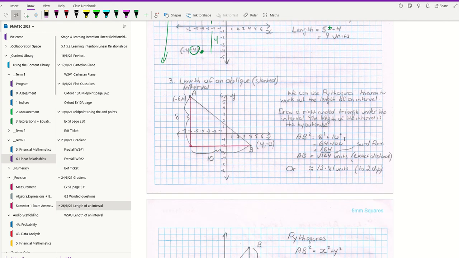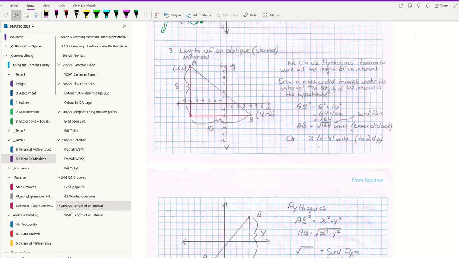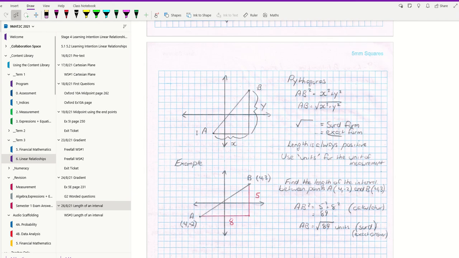Now, if it's an oblique line, which is a slanted line, we can't count them to come up with our answer. What we need to do is use Pythagoras' theorem. So what I might just do is come down here first.